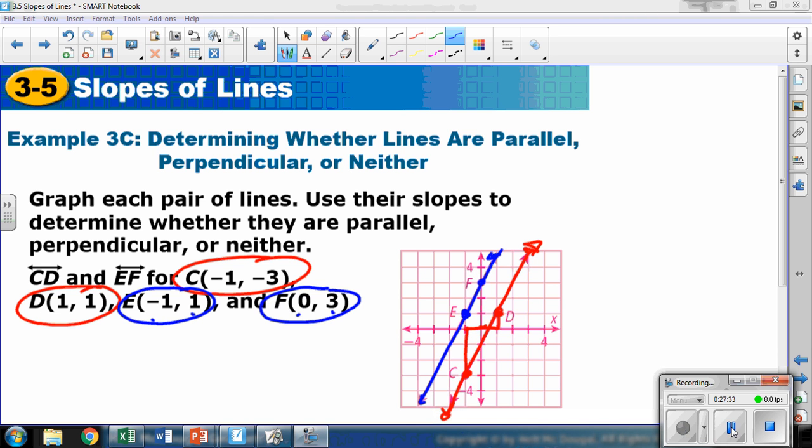Okay, so McKenna asked the question, did I flip the triangle? When I did the first one, I went left and down. Here I went right and up, so it was like this. It doesn't matter if you're doing it like this mental triangle above or below, because if I go right 1, up 1, I wind up there. If instead I think up 1, right 1, I get to the same location.